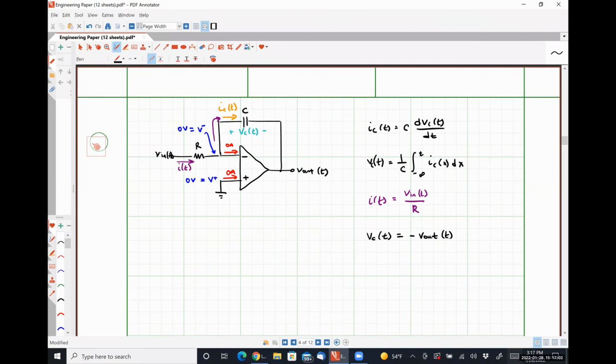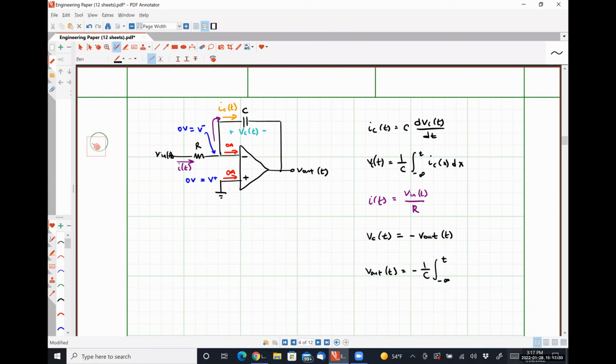So V out of t is then negative 1 over C times the integral from negative infinity to t of my capacitor current.